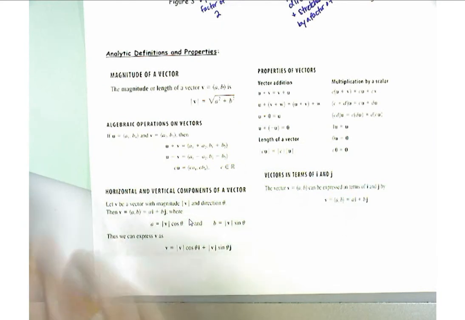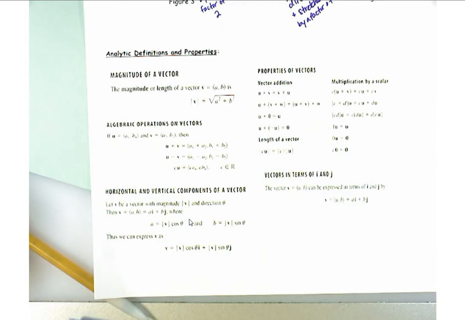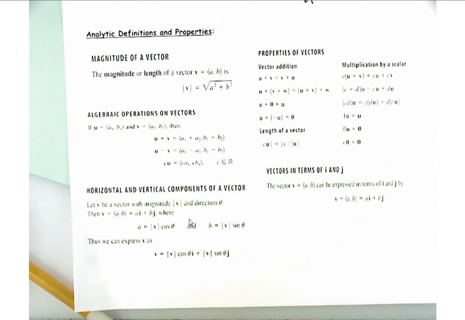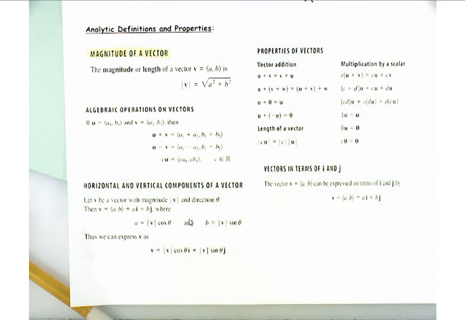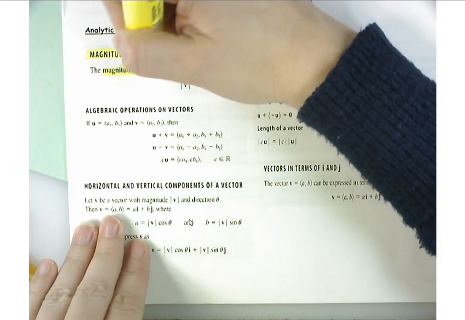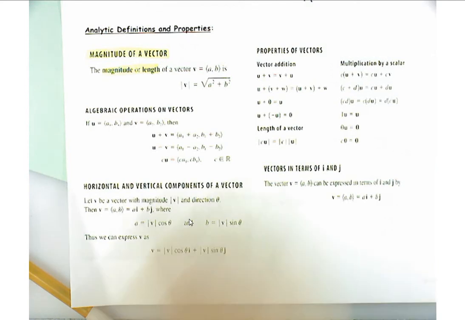All right, now the next few boxes are definitions and properties. Some of these are going to come naturally to you, so even if I didn't tell you how to do them or that they existed, you would already know based on your work with the real numbers. We're going to highlight some of the really important stuff, such as the magnitude of a vector. Remember, the magnitude is the same thing as the length.